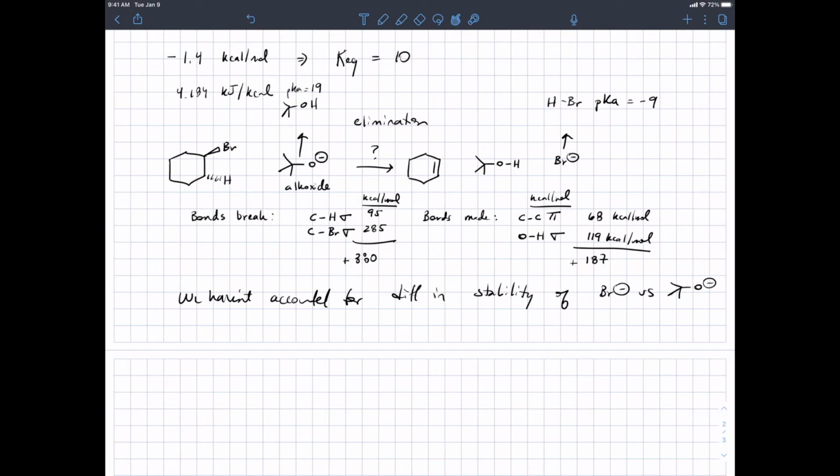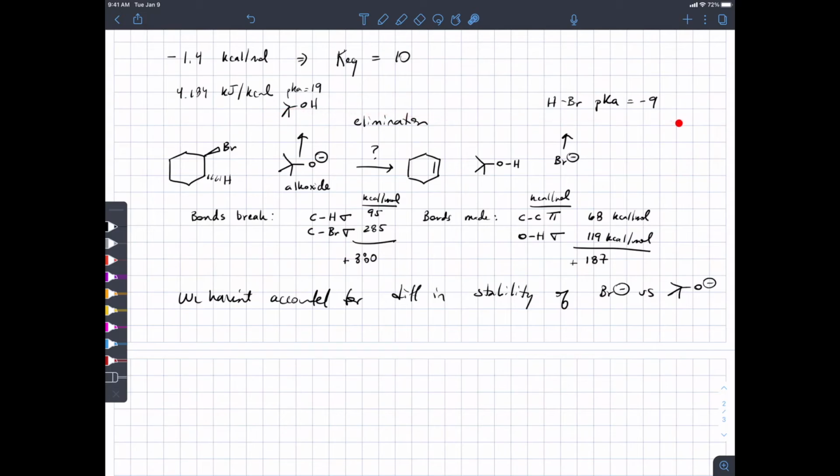So in terms of equilibrium constant, how many orders of magnitude? Something like 28 orders of magnitude in terms of stability difference between this negatively charged alkoxide and this bromide.